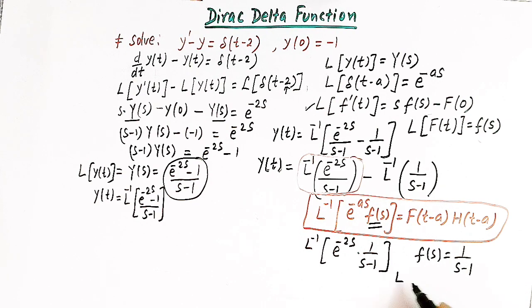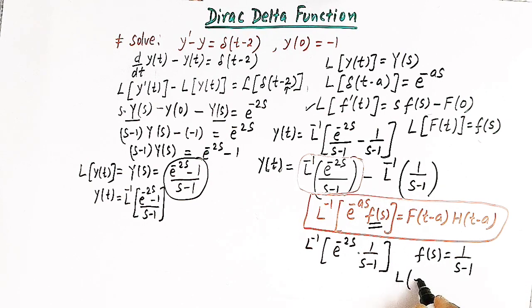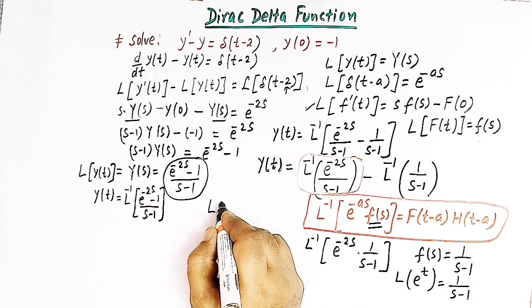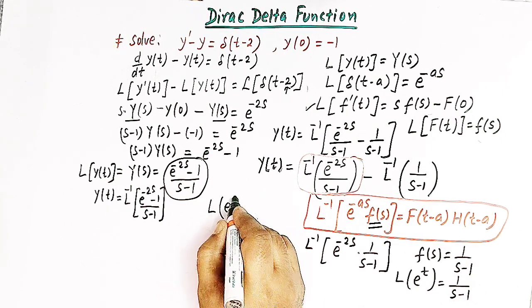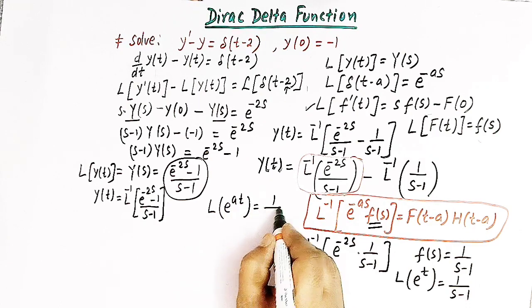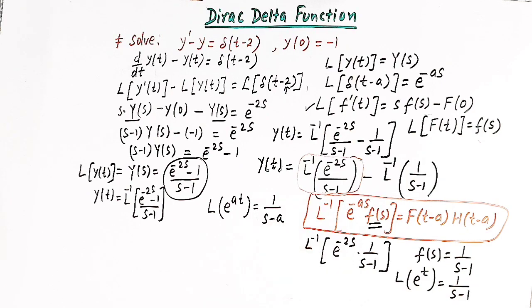So here this quantity, that is f of s, is given by 1 over s minus 1, and from the Laplace transform we know that the Laplace transform of e raised to t is given by 1 over s minus 1, because we know this result, that is the Laplace transform of e raised to at is given by 1 over s minus a, right?